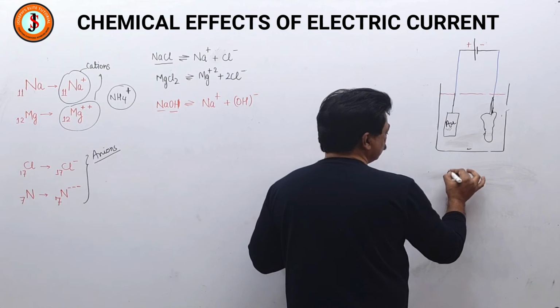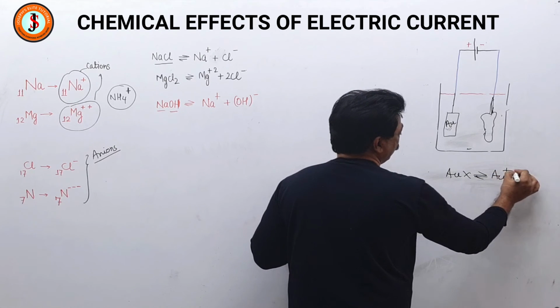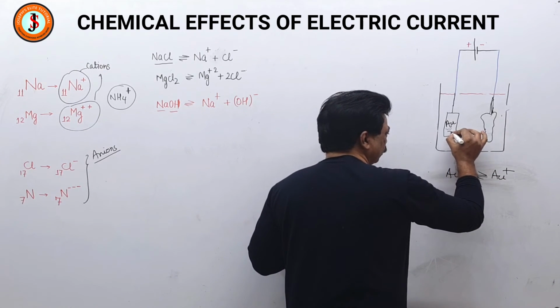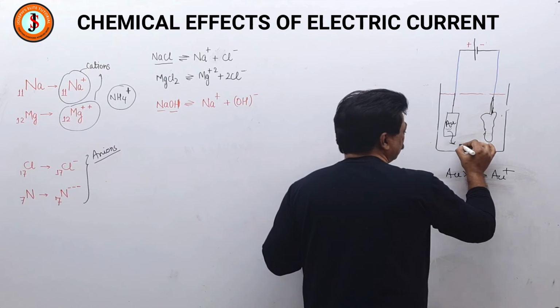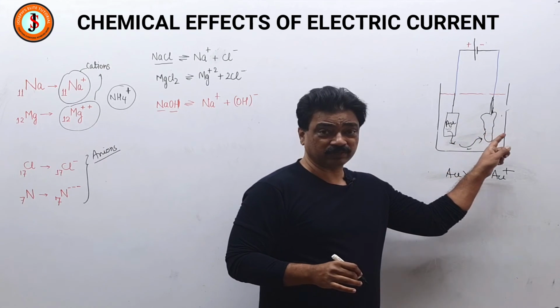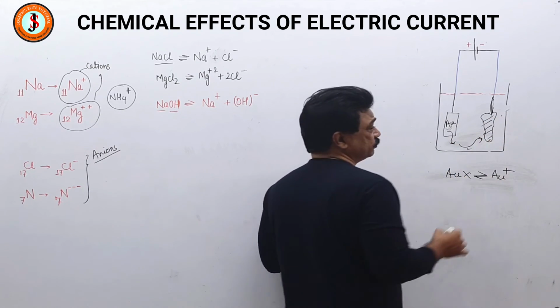The gold salt will form positive ions, and the gold atoms will drop in from the positive electrode. Since metal ions are positive, they will move and get deposited, so on the silver there will be gold plating.